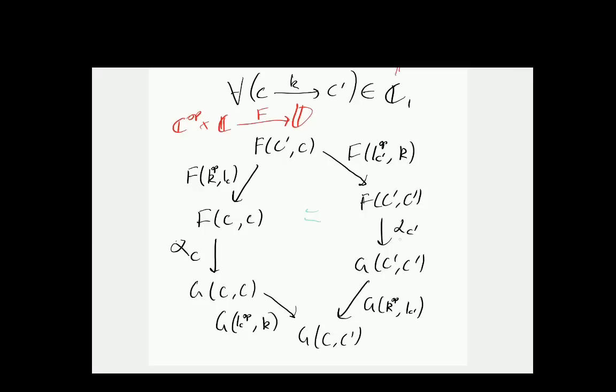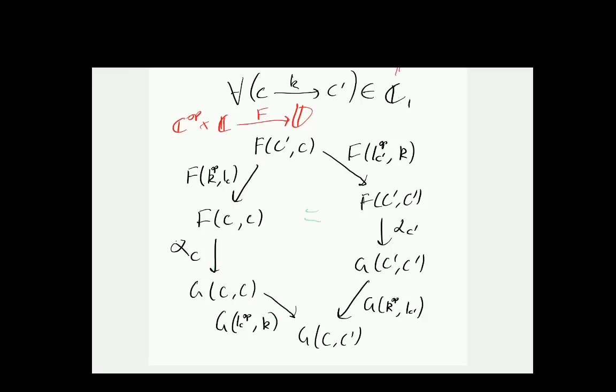And then if we apply the C dash component of our dinatural transformation, that gets us to G. And then we can do G on this arrow here, and we end up getting to here. So this is kind of one way around this diagram. And that composition should equal the same thing as we get when we do this kind of composition.